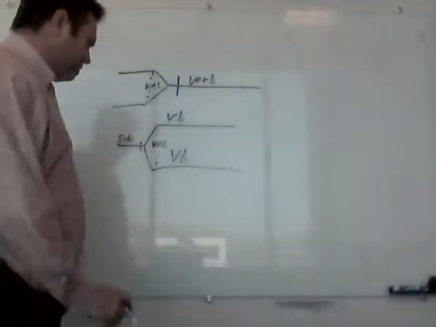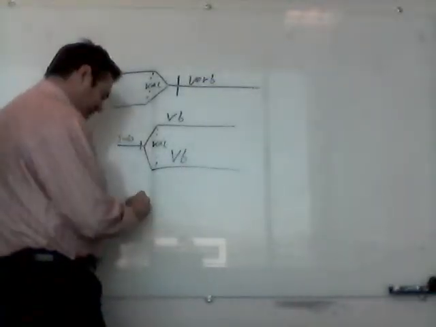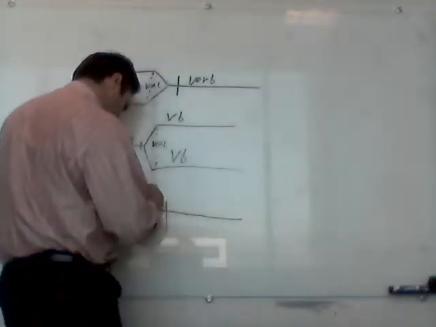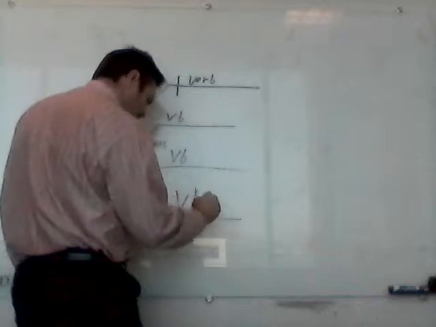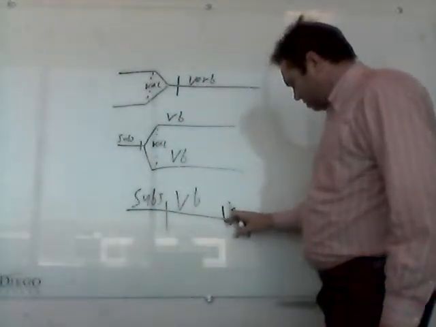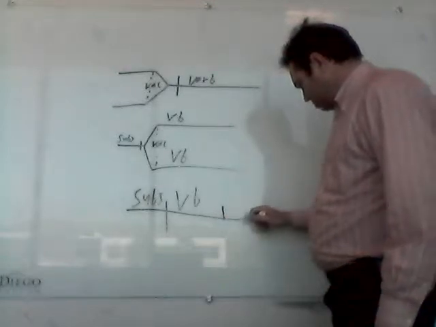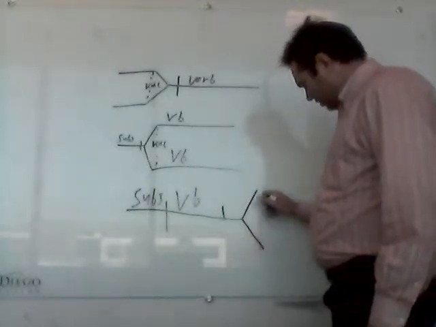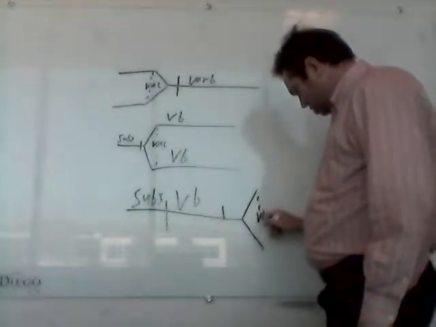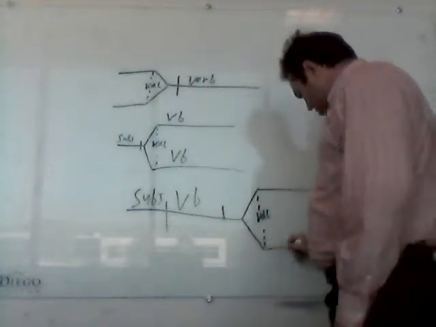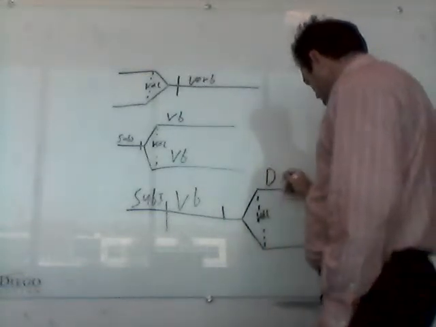Sometimes, friends, you're going to see a compound direct object. It'll look like this. Subject, verb, and then we have our direct object line. Let's put it there. And then you have two direct objects.